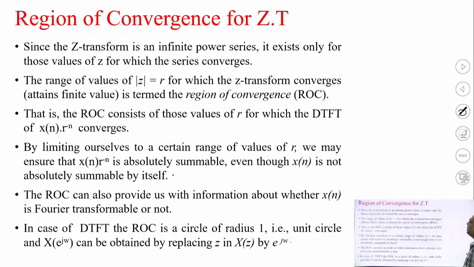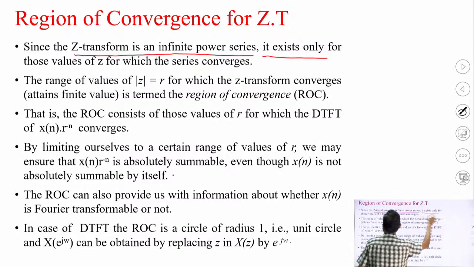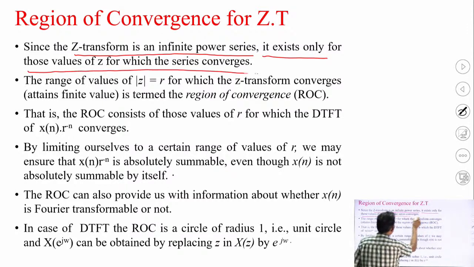Now this is the important concept: region of convergence for the z transform. Based on the region of convergence, we can define the values of z for which our system converges. Since the z transform is an infinite power series, it exists only for those values of z for which the series converges.